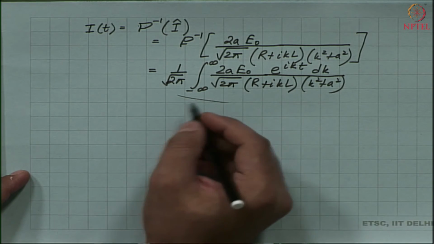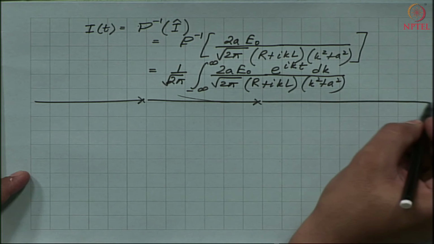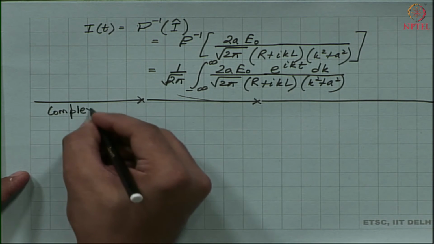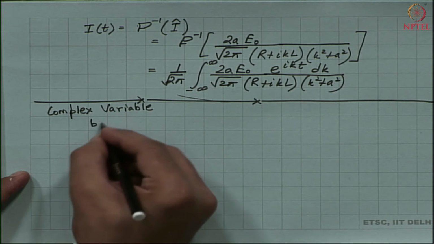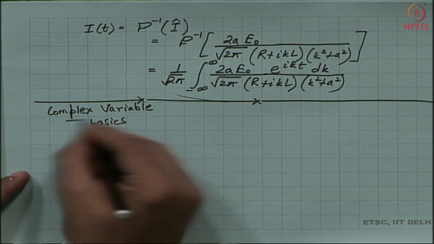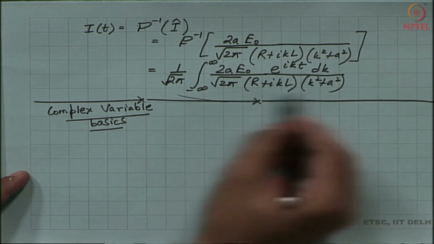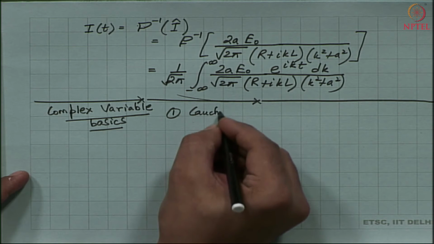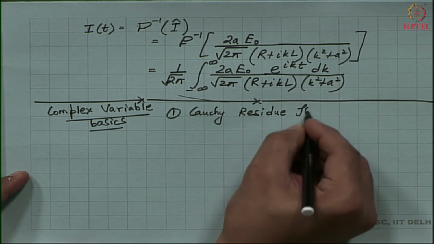Now, to evaluate this integral we need some basics. I need to revise some basics of complex variables. Okay. So, the two things that are important to find the solution to this integral, one of them is the Cauchy residue theorem. So, what is Cauchy residue theorem? It tells me the following.